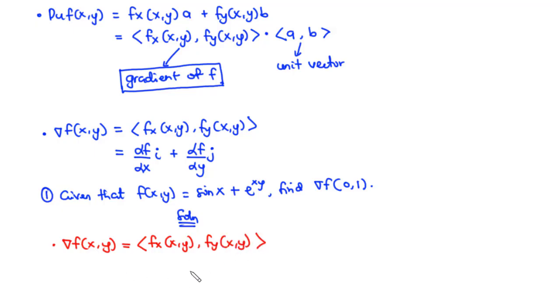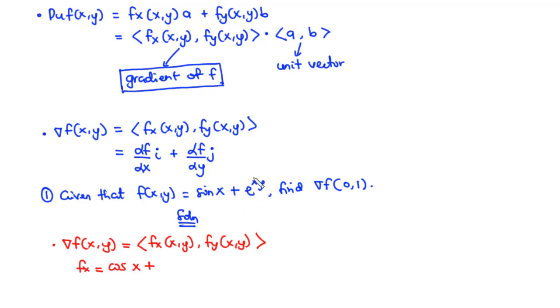So basically, we need to find the partial derivatives of the function with respect to x and then y. So for f_x, basically we are going to differentiate this function with respect to x, and then we keep y as constant. So first we differentiate sine x, and then we have cos x plus, we are going to differentiate e to the power xy.